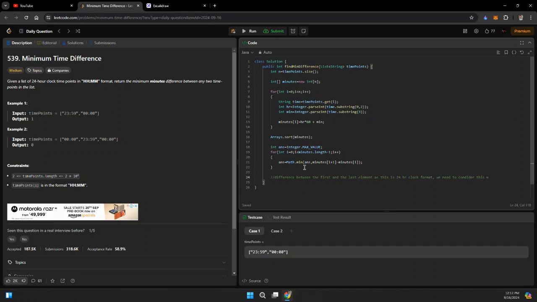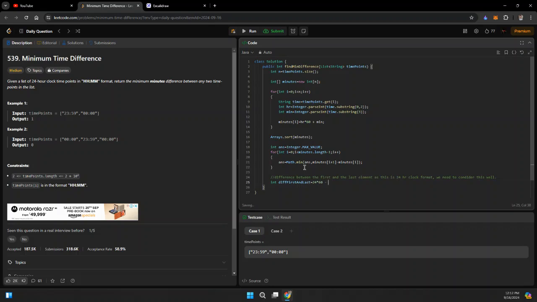Alrighty, cool. So simple. Int diff. Let's say I am denoting it via the variable name diffFirstAndLast, is equal to, as I said, 24 into 60 minus the last one.